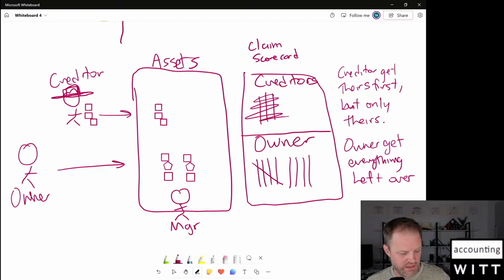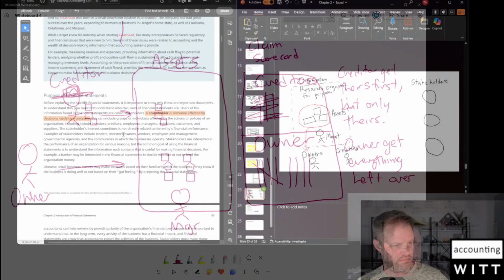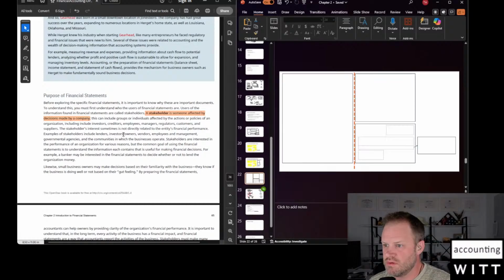So let me get back to what we're doing right now, which is trying to teach this picture.